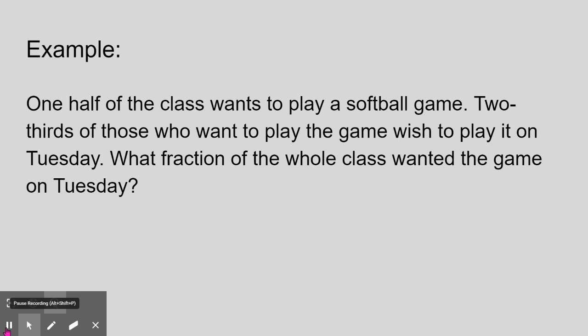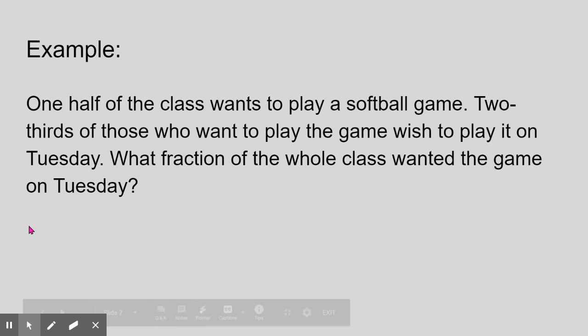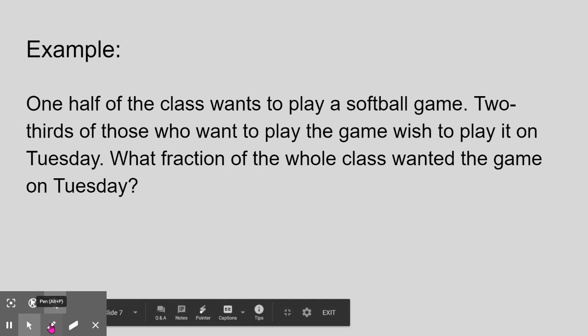All right, here's an example of what you may see on a test. A lot of times, fractions are going to be dealing with word problems. So take a moment and try this on your own. And let's see if your answer will match with mine. All right, so our problem says 1/2 of the class wants to play a softball game. 2/3 of those who want to play the game wish to play it on Tuesday.